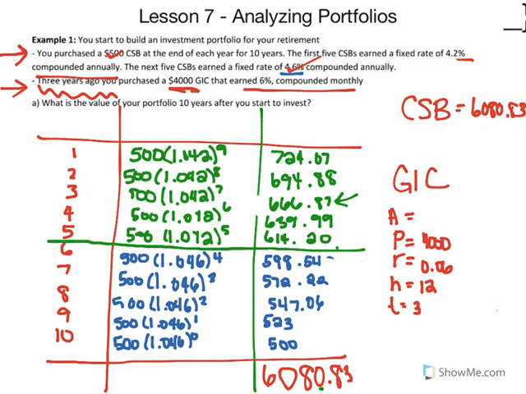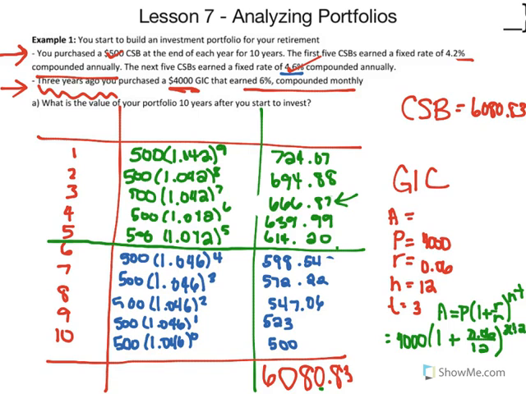So we'll plug that into our compound interest formula. A is equal to P(1 + r/n) to the power of nt. So we have 4,000(1 + 0.06 divided by 12) to the power of 12 times 3.